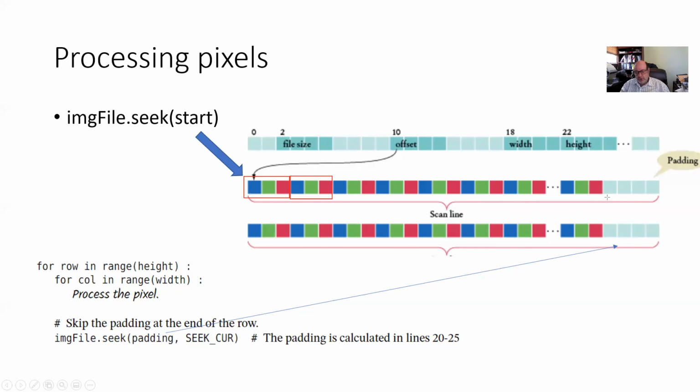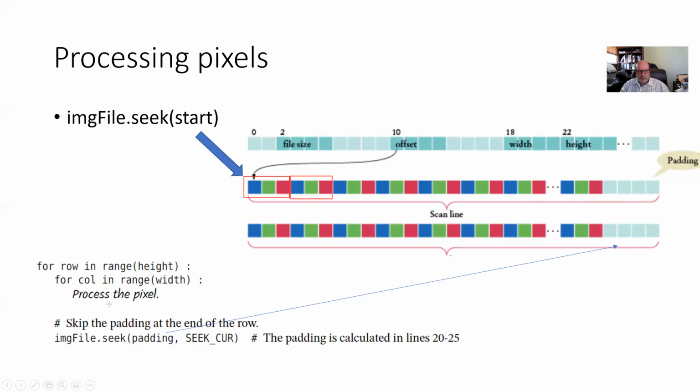It can be 0, 1, 2, or 3, depending on how much it's going to be, to make this whole row divisible by 4. So that's going to skip over to the next line. So we're going to keep reading these pixels, and then for every row, we have to skip over the padding, go to the next one.